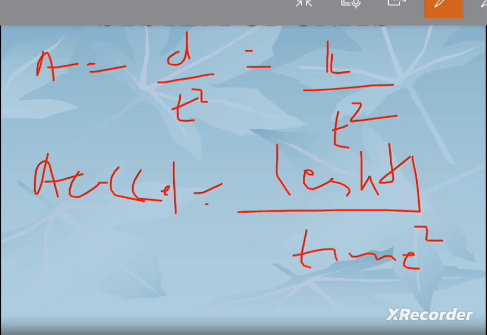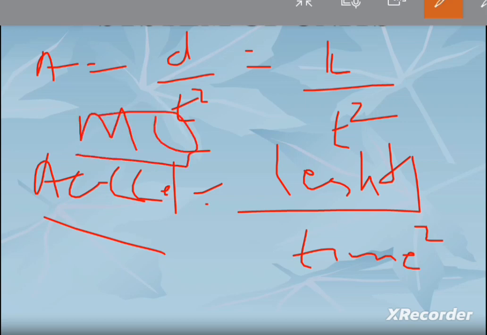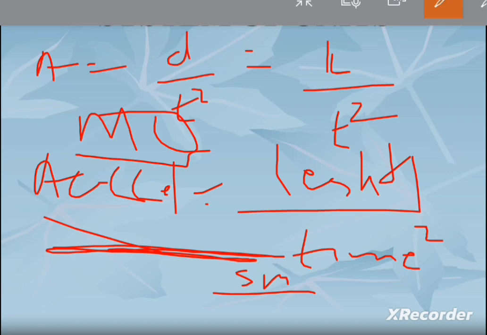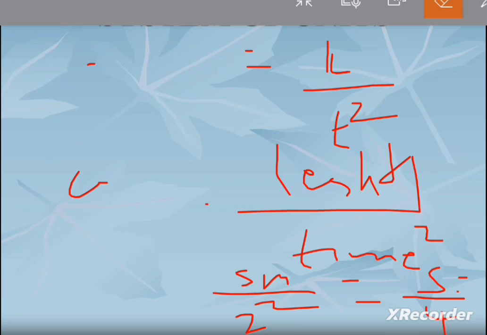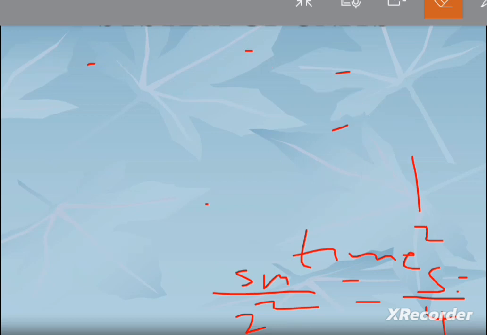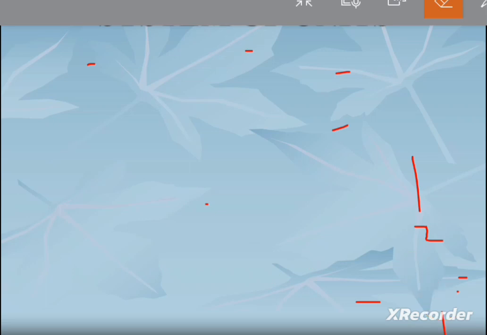In other words, to measure acceleration, which is a physical quantity of mechanics, we are just measuring the length or distance divided by the time squared. If the length is 5 meters and it took 2 seconds, it's going to be 2 squared, meaning 5 over 4, and your answer there is going to be your acceleration.